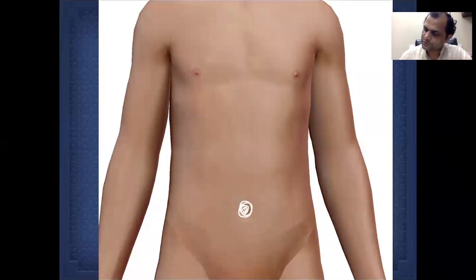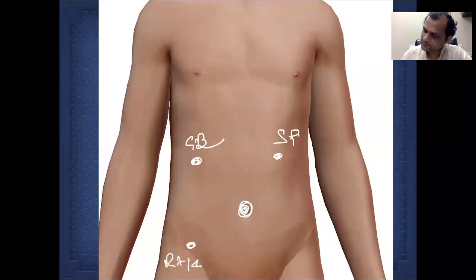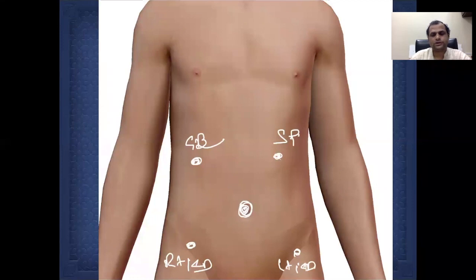Now, this is the gallbladder. This is the spleen. This is the right kidney. This is the left kidney. Okay, we found these structures so far.